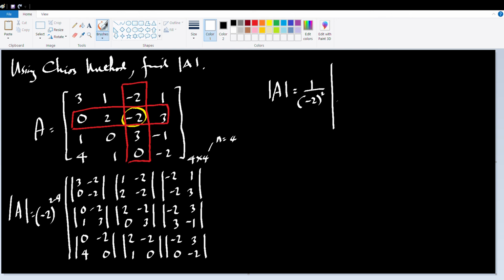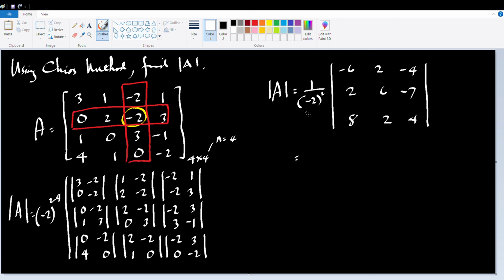Okay, so let us evaluate each of these 2 by 2 determinants. So 3 times negative 2 is negative 6, minus 0. Negative 2 plus 4 is positive 2. Negative 6 plus 2 is negative 4. Then positive 2, positive 6, positive 2 minus 9 is negative 7, 0 plus 8, 0 plus 2, positive 4 minus 0.